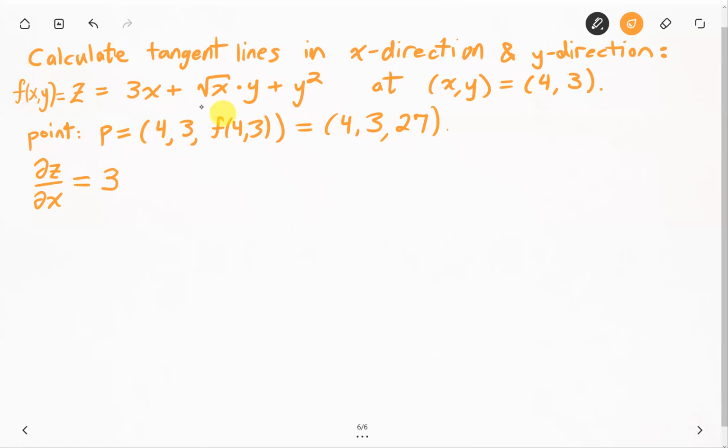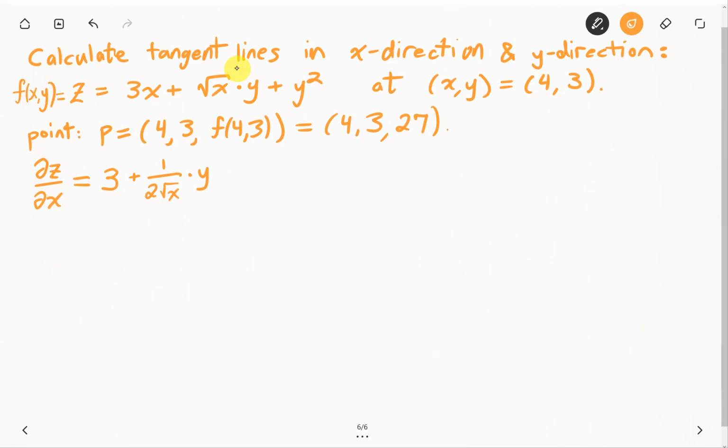And remember, y is a constant, since x is the variable in this problem. And so the derivative of square root x is 1/2 x to the negative 1/2 by the power rule. Or we can write that as 1 over 2 times the square root of x, times y. Y is like a constant factor.